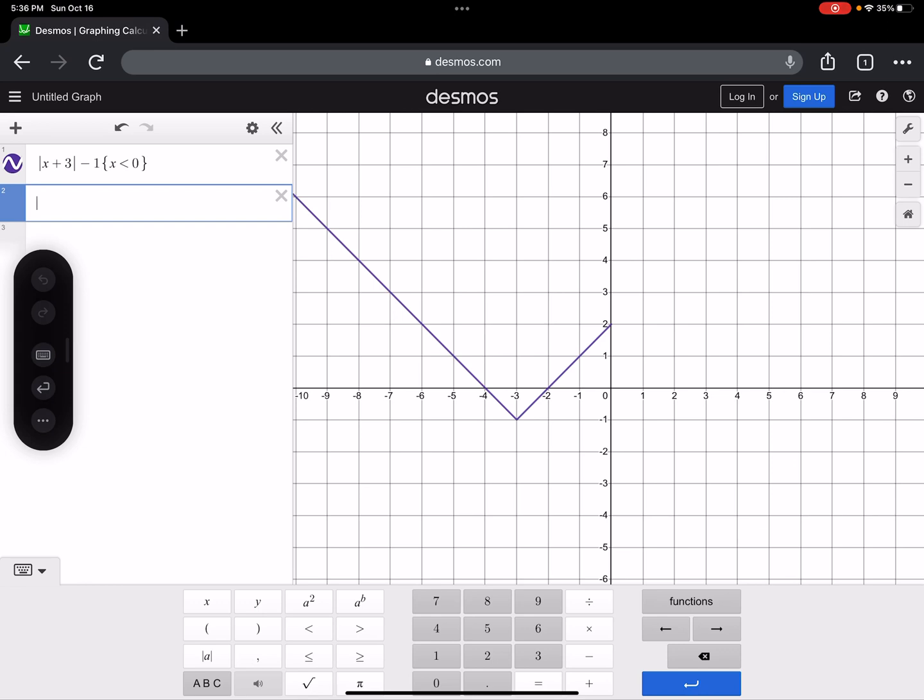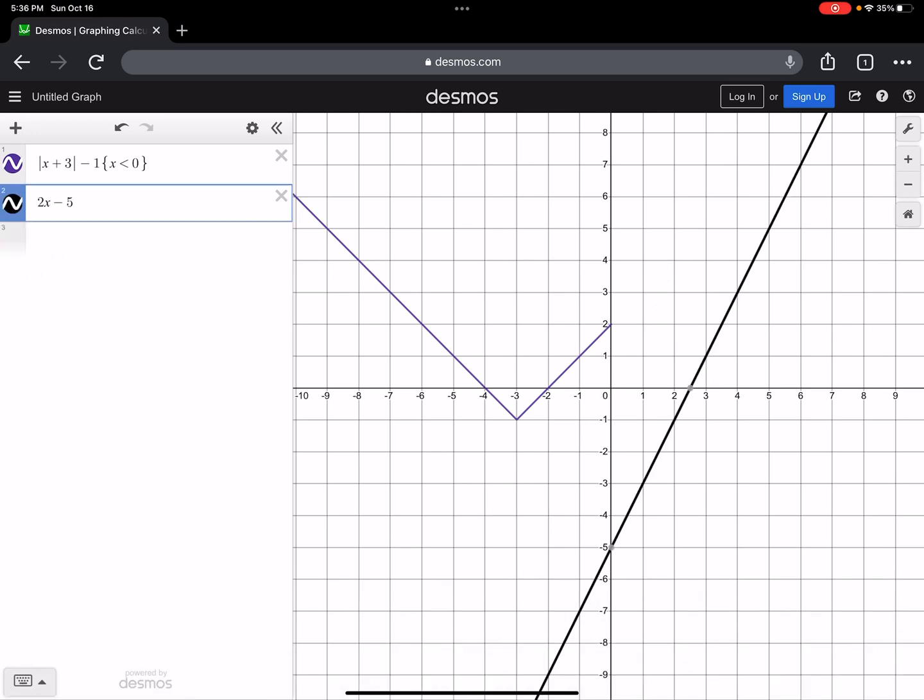The other piece is 2x. And so I'm graphing this separately as a separate equation. Let me get a better color here. I'm going to go orange.